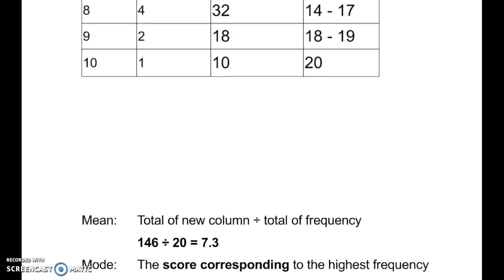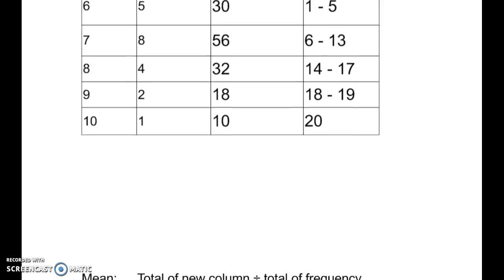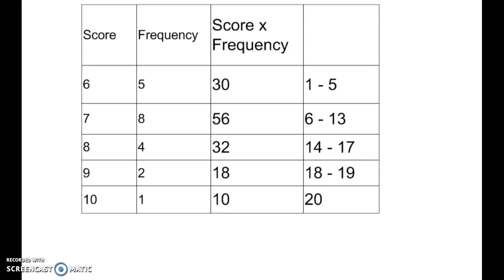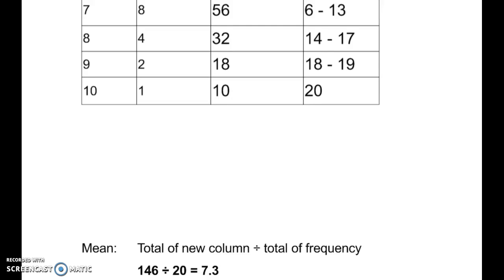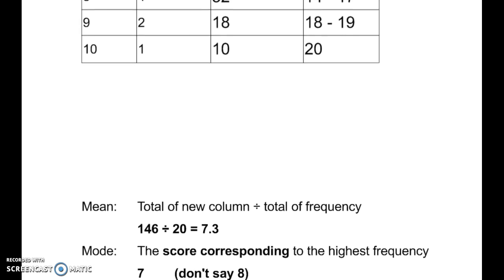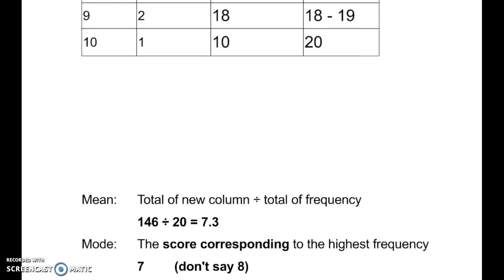Let's now have a look at mode. This is the score corresponding to the highest frequency. So let's look down the frequency column of our table. Highest frequency is 8, and that's telling us that 8 students scored 7 marks. So our modal score is 7.